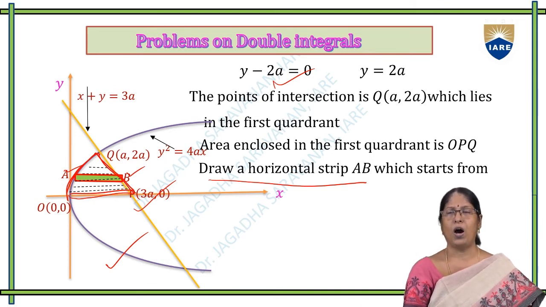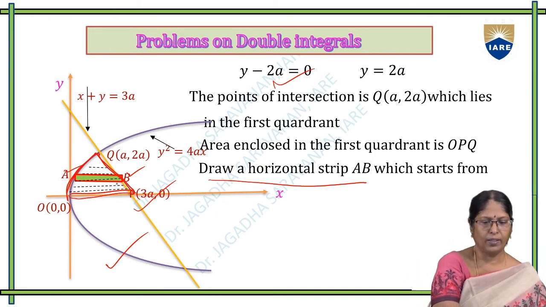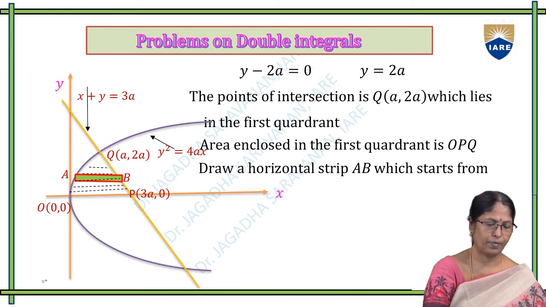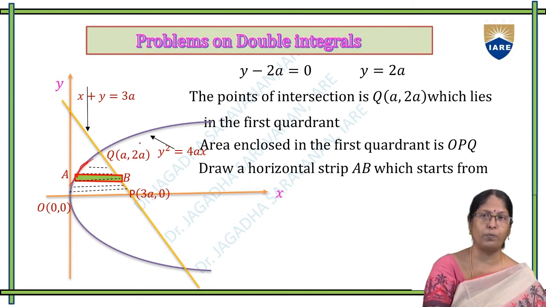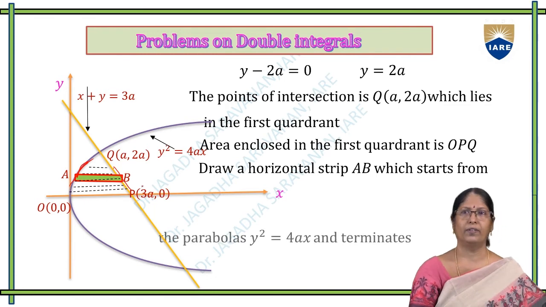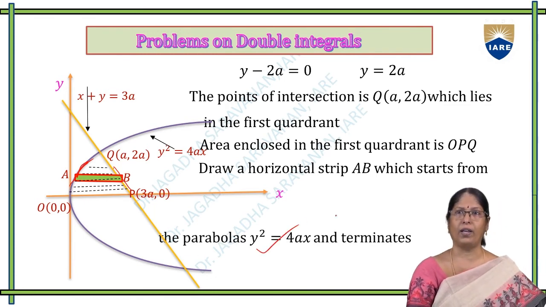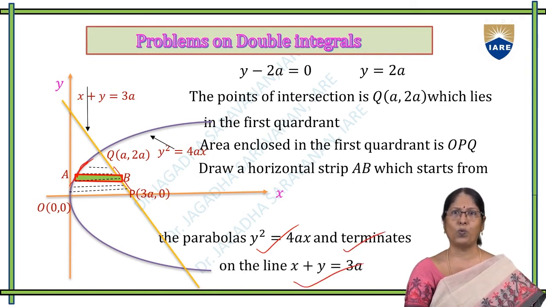How to find the area of this particular region? The method is the horizontal strip, which starts from the parabola and terminates on the line x plus y equal to 3a.